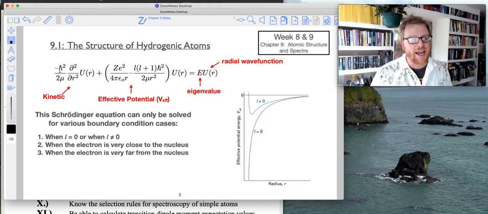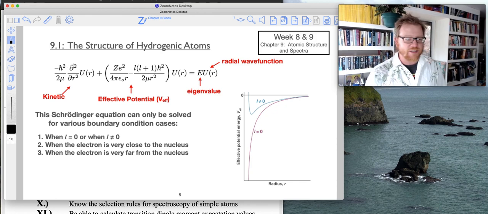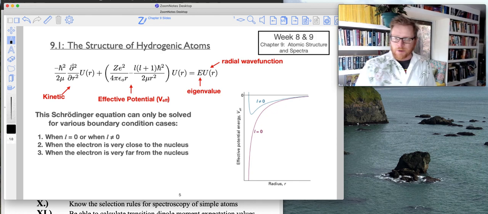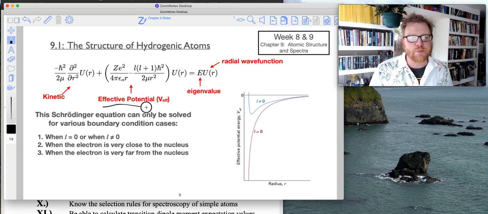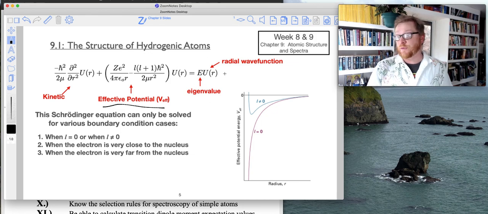So we've got our negative h bar squared over 2 mu, second derivative in radius, and that's perfectly our kinetic energy operator. And now we get what's called an effective potential energy operator, which is this whole chunk in the parentheses, okay? And then, of course, that's times u of r, and then all of that equals E times u of r.